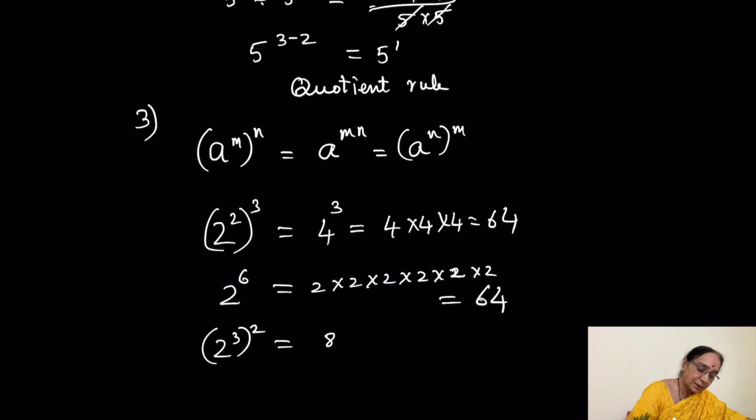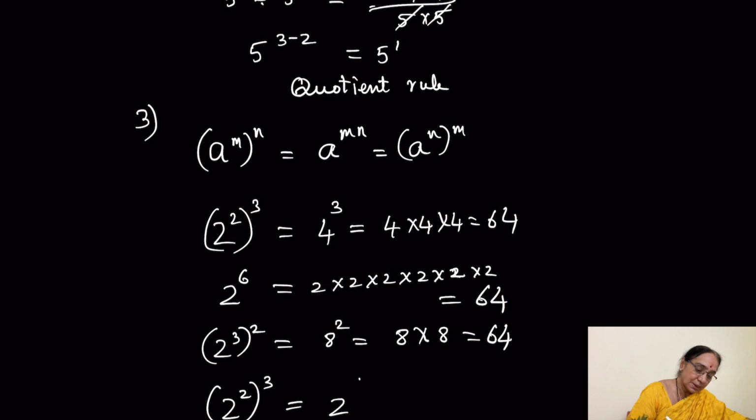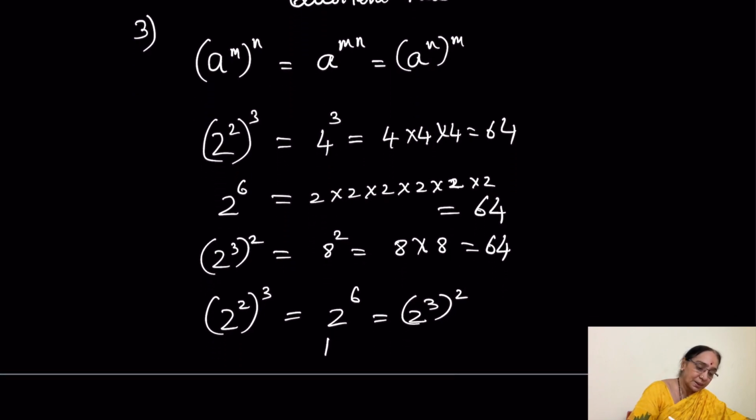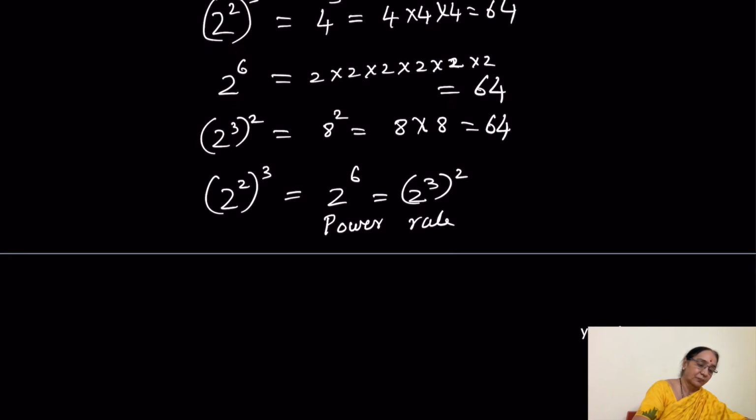Now this is 8 raised to 2, which is 8 times 8, that's also 64. So you can understand that 2 raised to 2 raised to 3 is the same as 2 raised to 6. It's also the same as 2 raised to 3 raised to 2. And this I call the power rule. Very useful, and you have to follow these when you work with exponents.